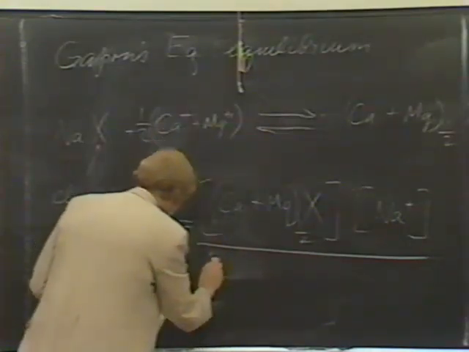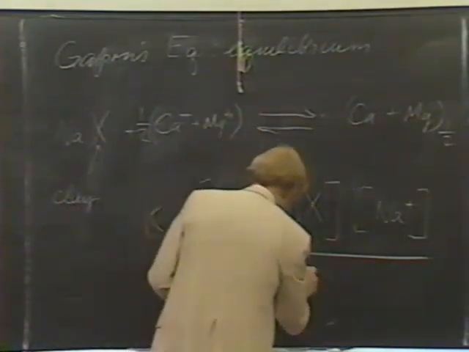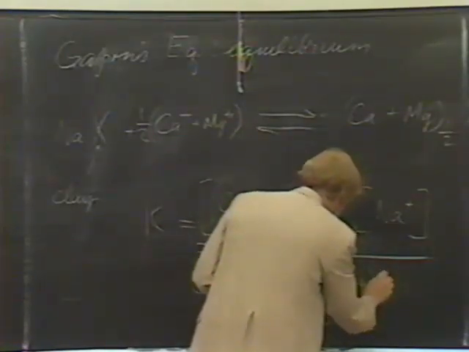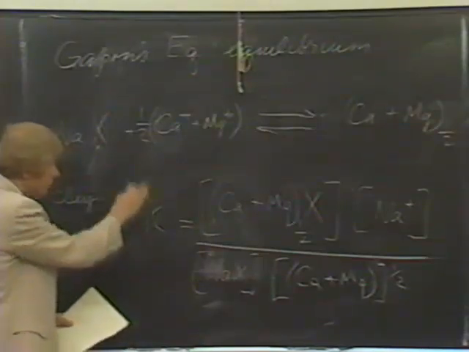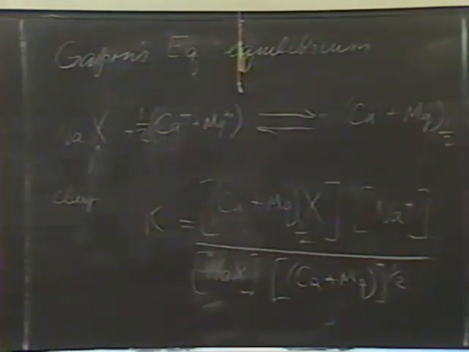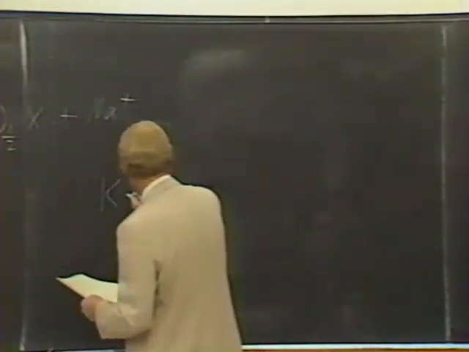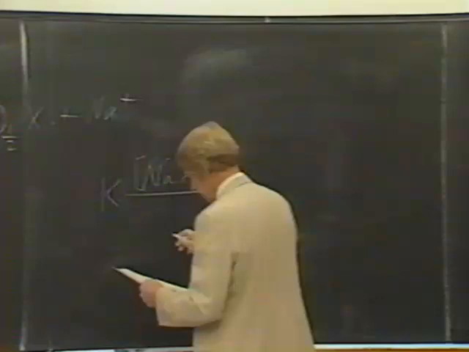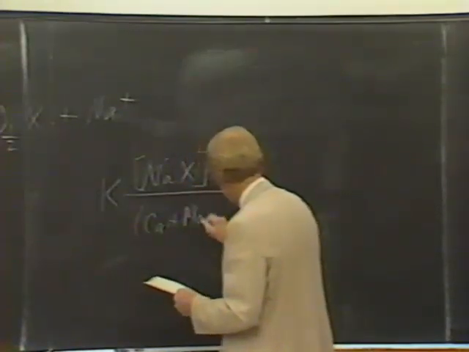Now we can rearrange this algebraically to give K times Na adsorbed on the clay, NaX concentration, divided by calcium plus magnesium to the 1/2 adsorbed on the clay, is equal to Na plus concentration in solution divided by the calcium plus magnesium ion concentration to 1/2.